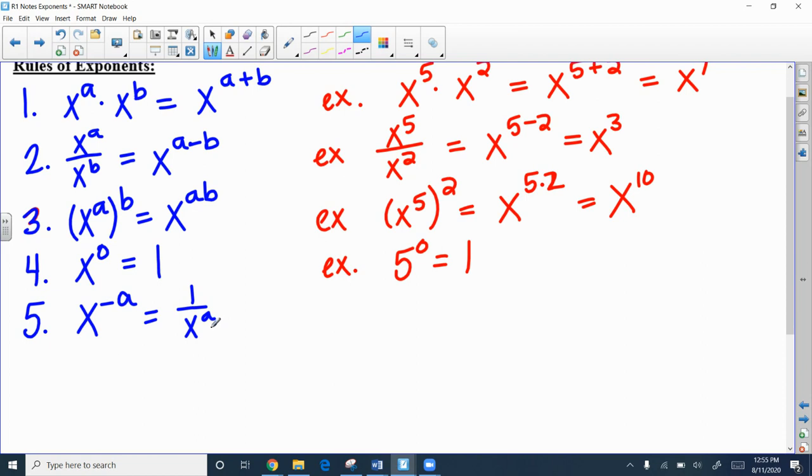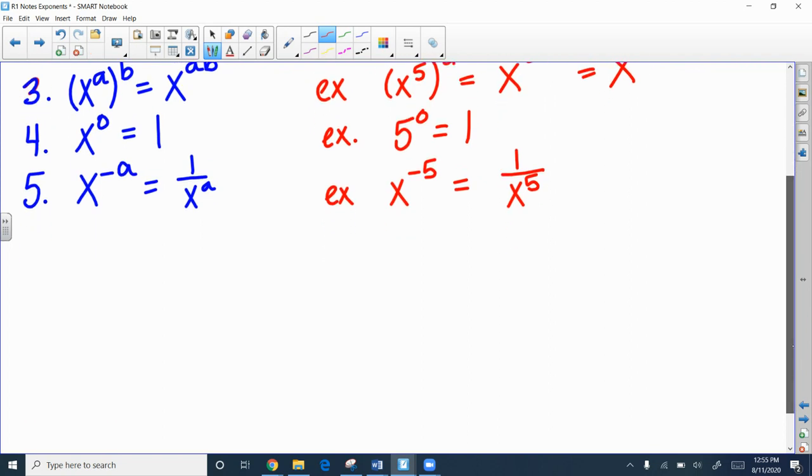Now we don't write it as a negative anymore, but it does become a fraction, 1 over x to the a. So for example, if we have x to the negative 5 power, this would be 1 over x to the 5th power. So it jumps the line to the bottom of a fraction and becomes positive, so it changes sign. So 1 over x to the 5th.